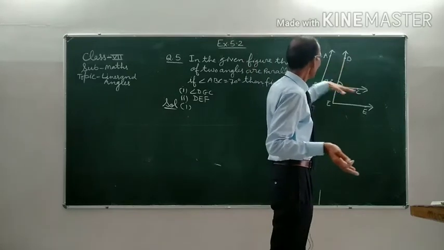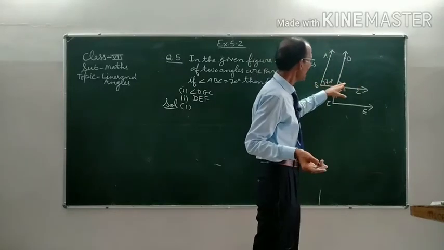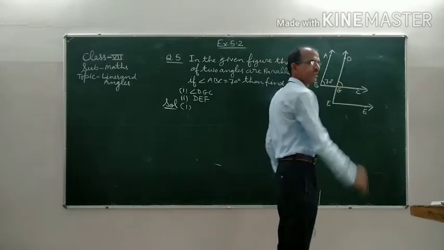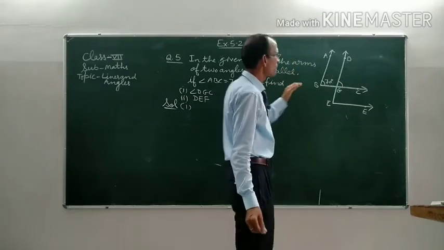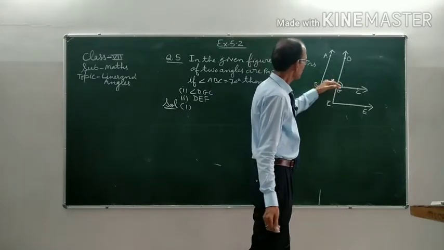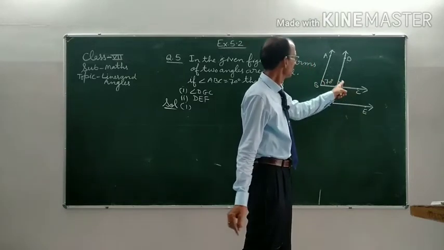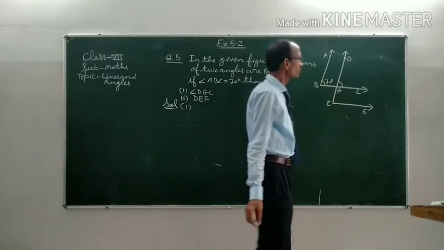Two parallel lines are cut by transversal, then angles below the line are called corresponding angle. And by the property, when two parallel lines are cut by transversal, then corresponding angles are equal. So angle DGC is equal to angle ABC is equal to 70 degree.